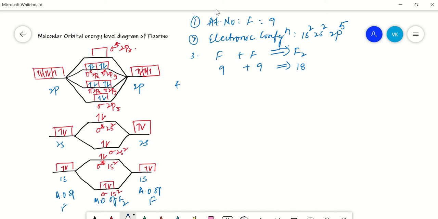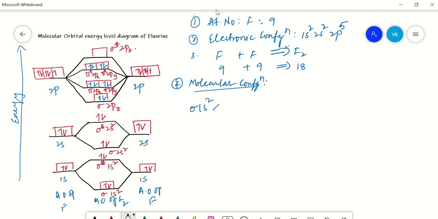And the fourth point here is you need to write about the molecular configuration. How will you write your molecular configuration? I am writing it according to stability, right? Now if you are writing according to energy, then your sigma 1s2 will be less than your sigma star 1s2.